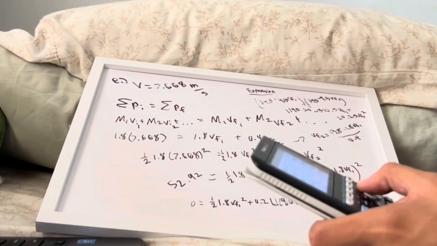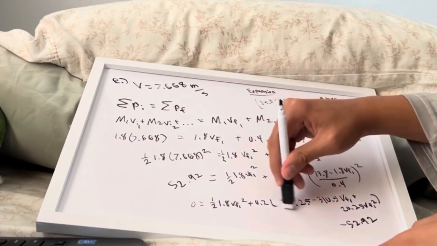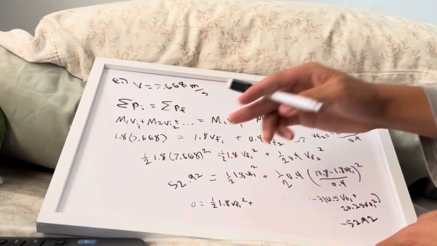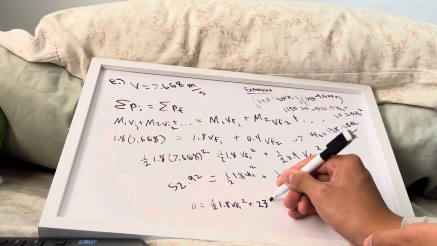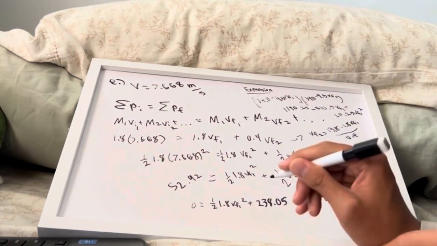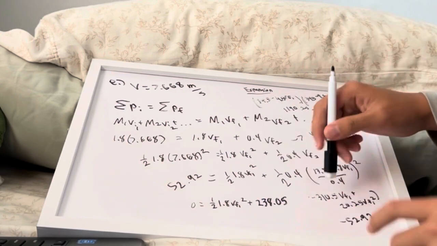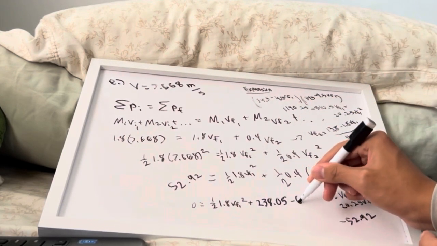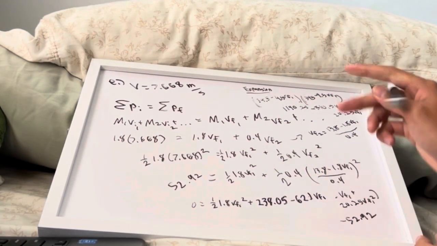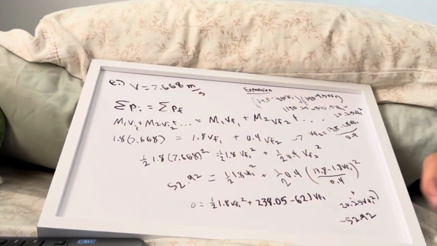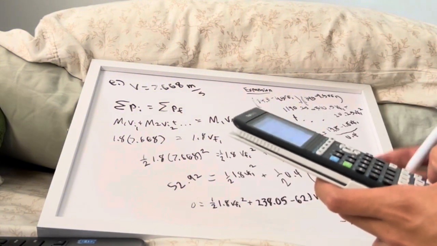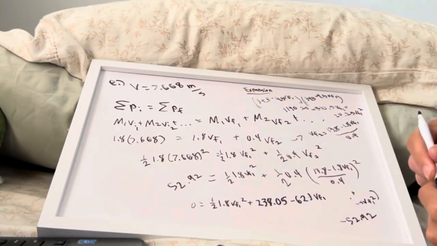0.2 is going to be distributed to everything. I'm just going to rewrite it for ease. That's 0.2 being multiplied. And now 0.2 times this coefficient right here, 310.5, is going to be 62.1. And then 0.2 times 20.25 is going to be 4.05 VF1 squared.